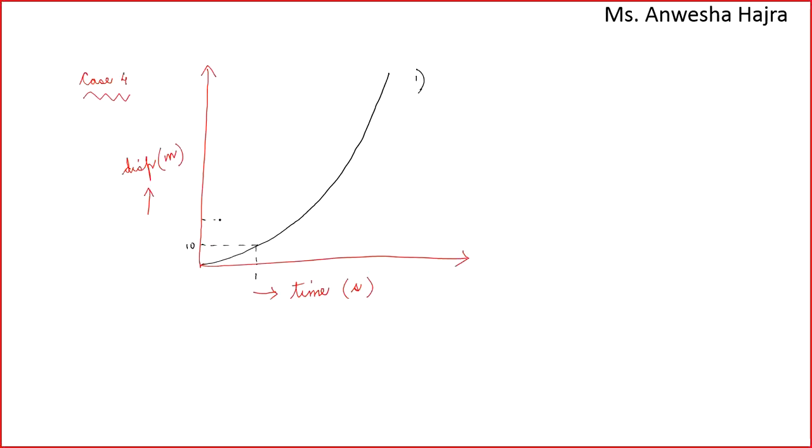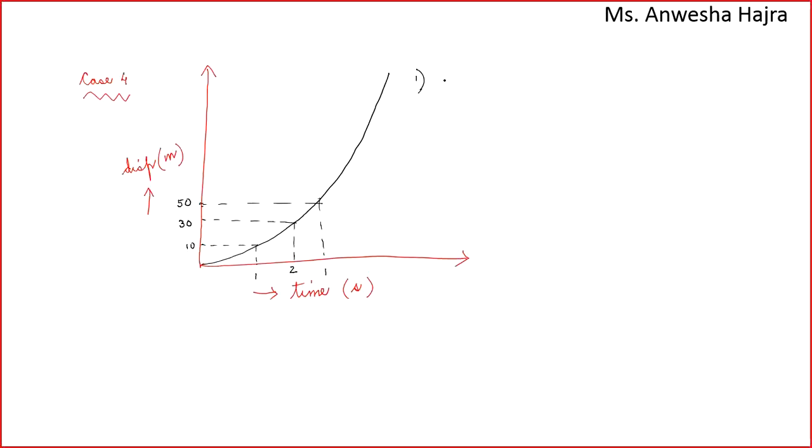But it is not increasing uniformly. In 2 seconds, say it is 30. Then it is changing haphazardly. In the next 1 second, say it is 50.